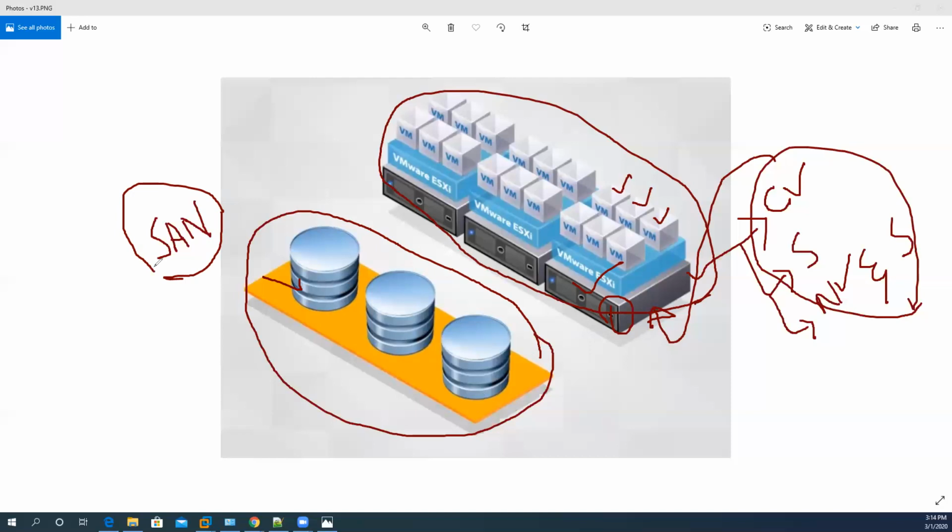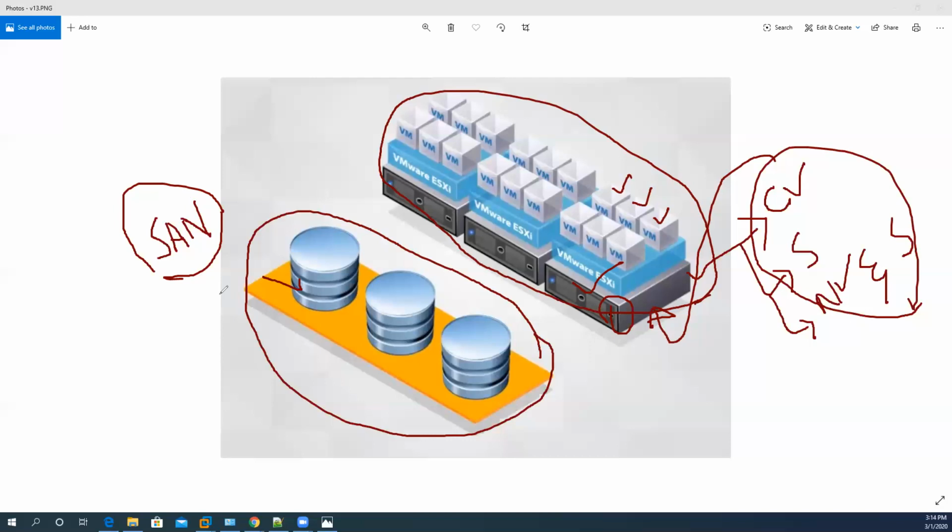In that scenario, we have a number of protocol requirements through which these physical hosts can connect with these storage area networks and collect all the virtual machines from that side.